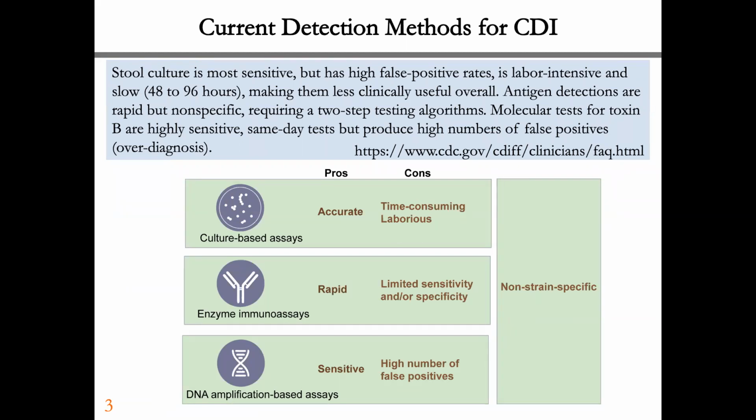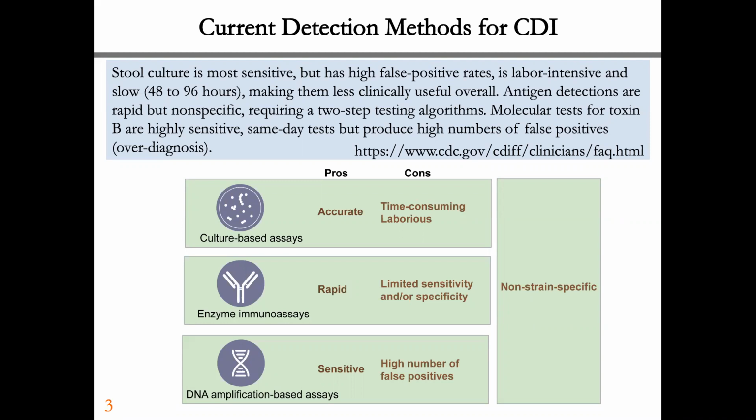In general, they can be grouped into three types of tests. One is culture-based, and it's quite accurate. There are different forms of culture-based assays, but the disadvantage is that it's time-consuming in the laboratories. The other one is antibody-based tests.